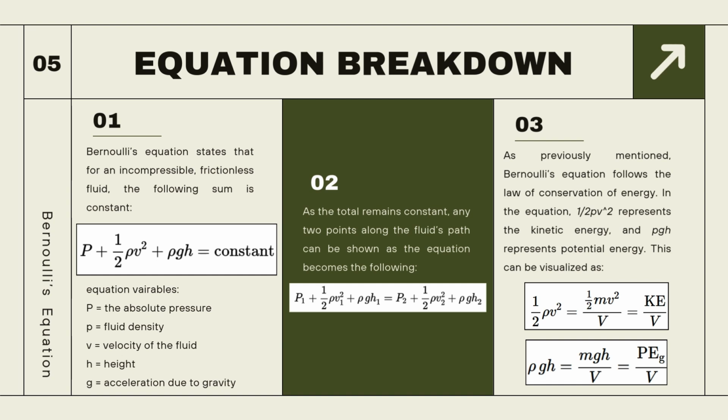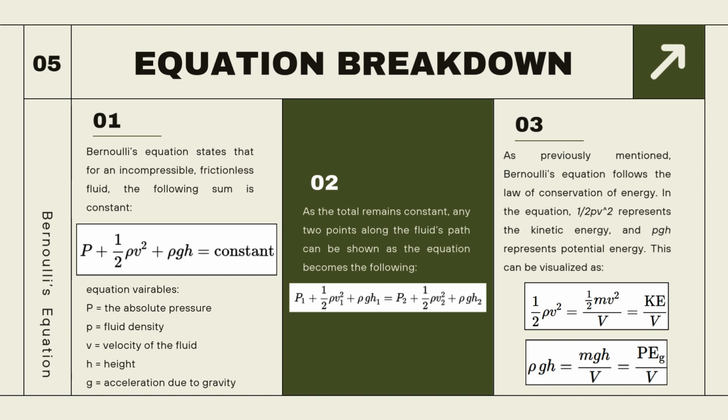We have 1/2 ρv² equals 1/2 mv² over uppercase V equals kinetic energy over V. Now, if you take a quick look at the middle part of this top equation on part 3 of this slide, we'll see that 1/2 mv² is the equation that we learned for kinetic energy.